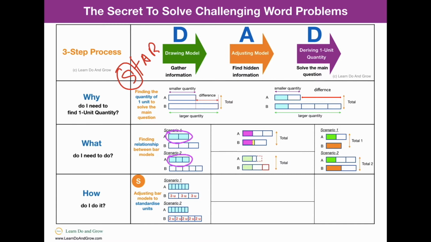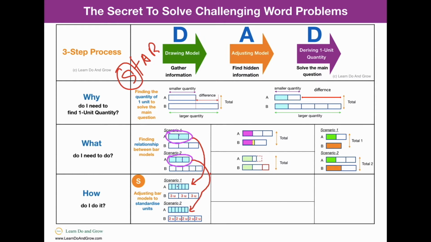If you notice, their quantity is the same. If the quantity is the same, can I make both bar models have the same number of units? Of course I can. So in that case, I use standardizing unit, and from there I can change it to over here, and this one I can change it to over here. And how many units are there?